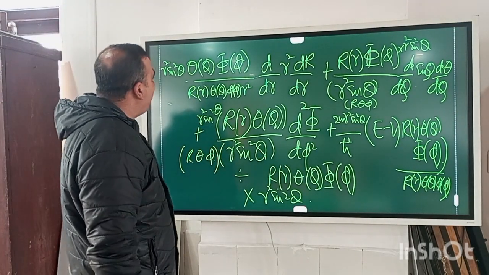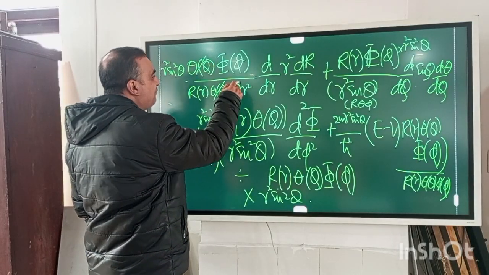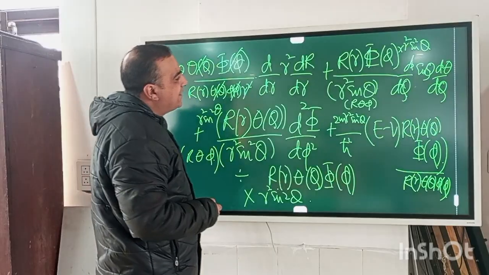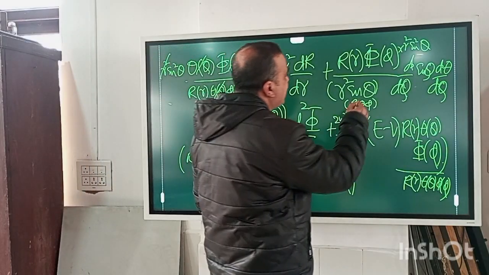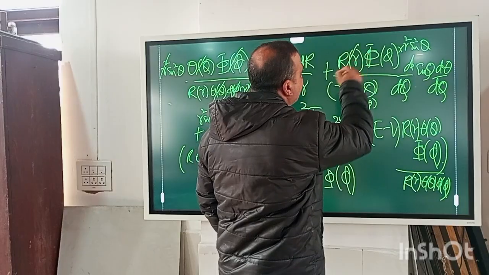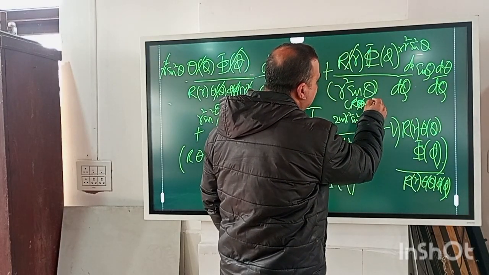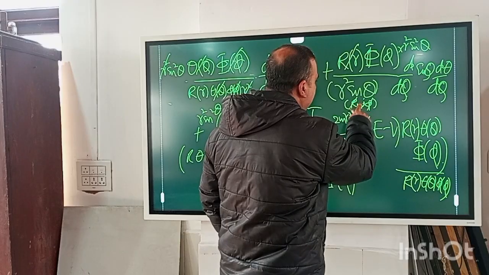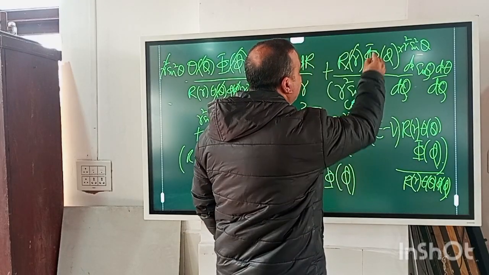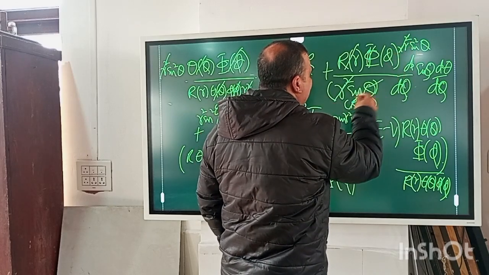You can see now we will have some cancellations over here. Theta and Theta will go, and Phi will go, r squared and r squared will go. And similarly in this one, theta will not go here, theta will stay here, and phi will go, r squared will go, sine squared theta will go.